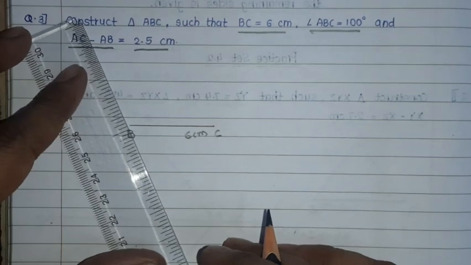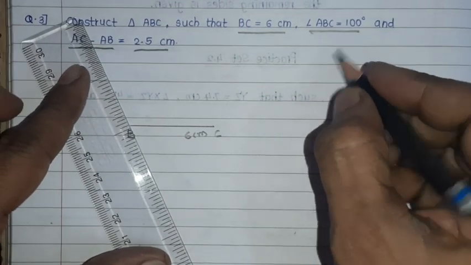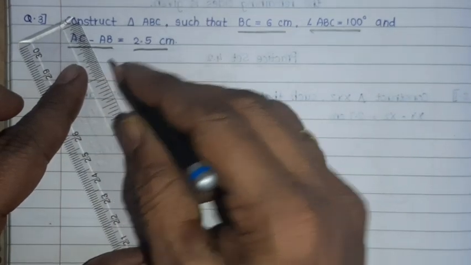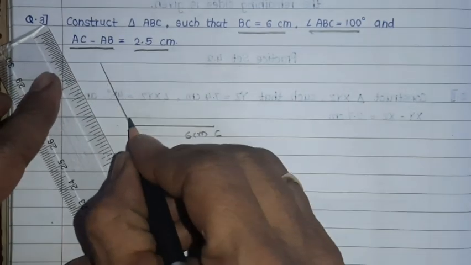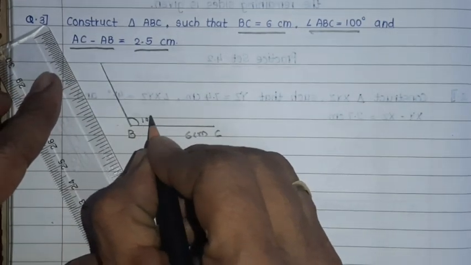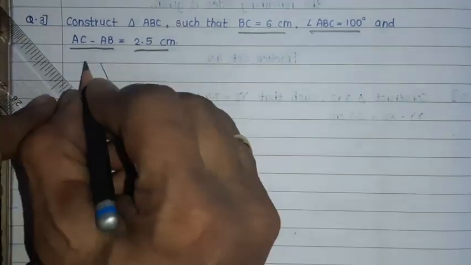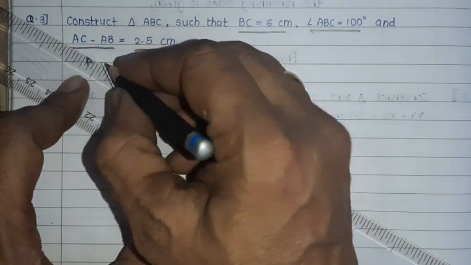That means it is an obtuse angle. Therefore, it should be like this. It is 100 degree. All of you understand this? And now dear student, this is point A and join this A with C.